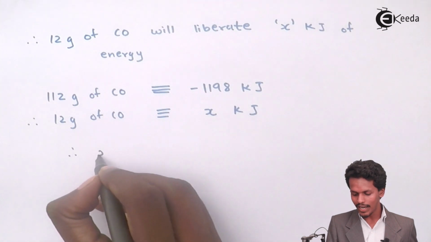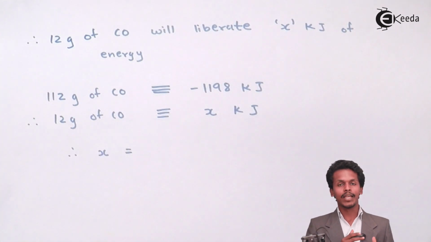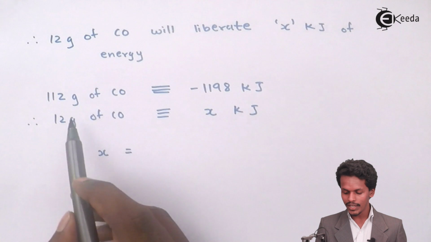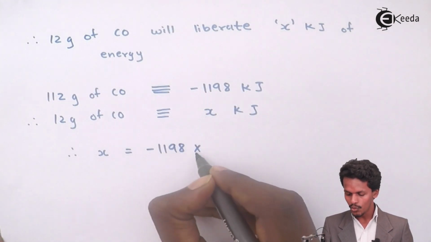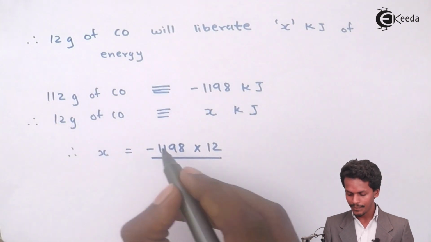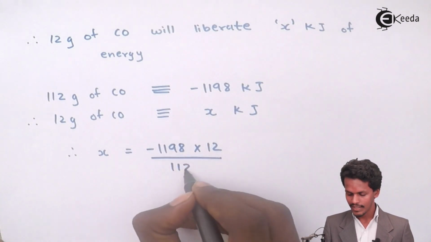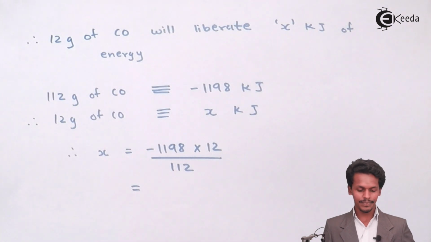So x will be minus 1198 into 12 divided by 112. Let us see what answer we get.